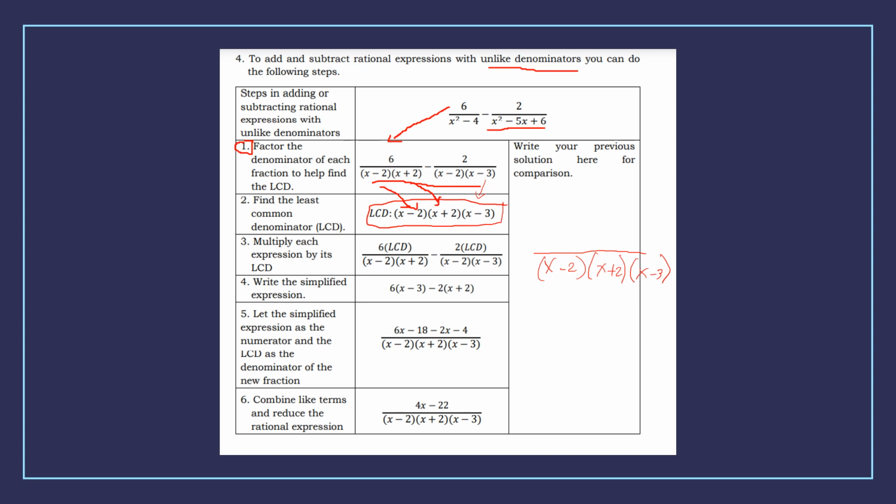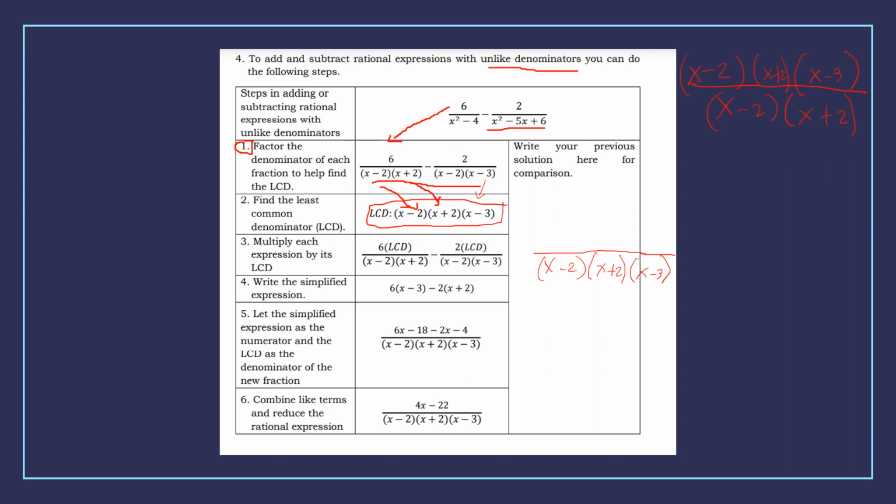So what we have now is to divide x minus 2, x plus 2, and x minus 3 by x minus 2 times x plus 2. Okay, to show you, we'll have x minus 2 times x plus 2 times x minus 3 over the denominator x minus 2 times x plus 2.